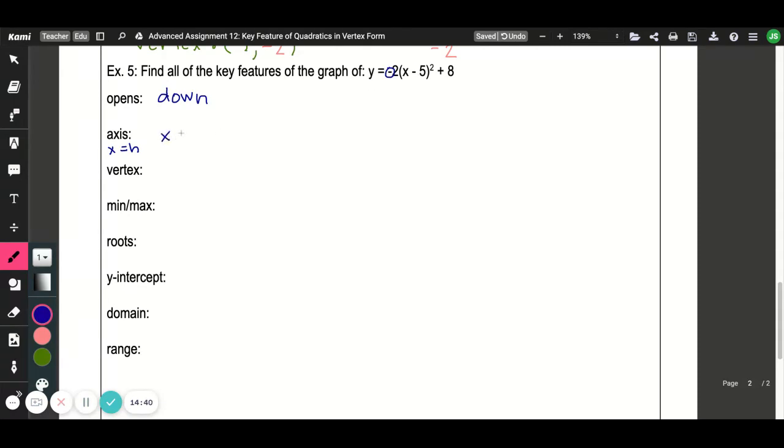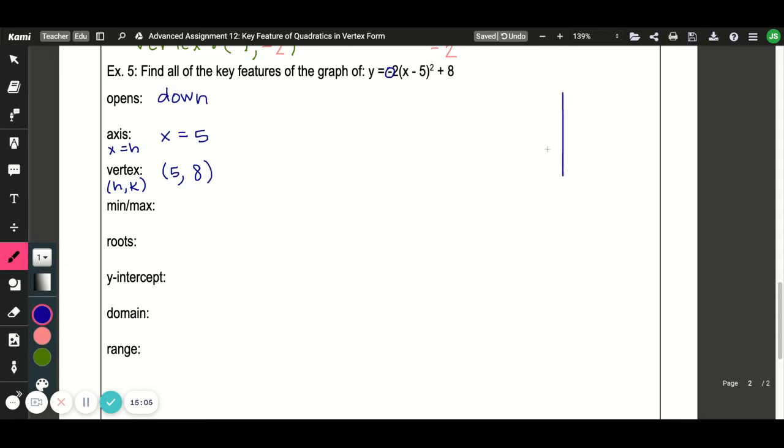So x equals positive 5. The vertex is (h, k). So h is opposite of the number inside the parentheses, so positive 5. Our k is the number added or subtracted at the end, 8.